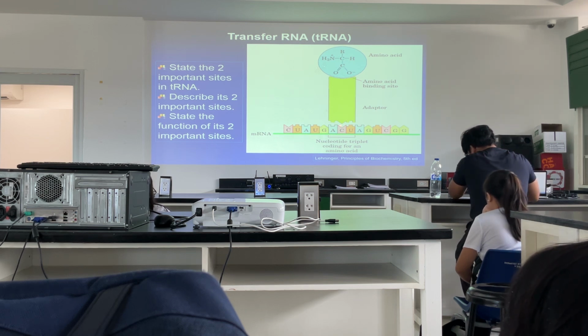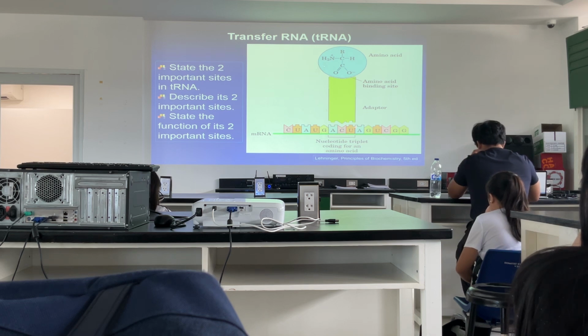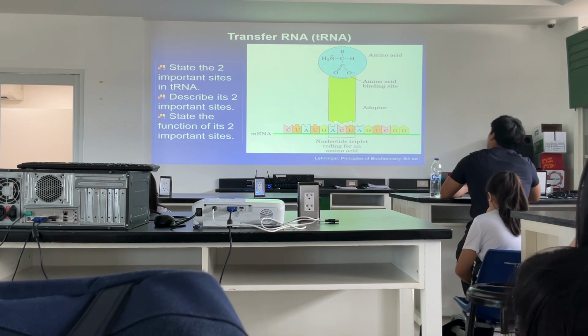So this is a triplet. You have 3 bases, A, C, and U. So if it is A on the mRNA, what is found there on the anticodon?